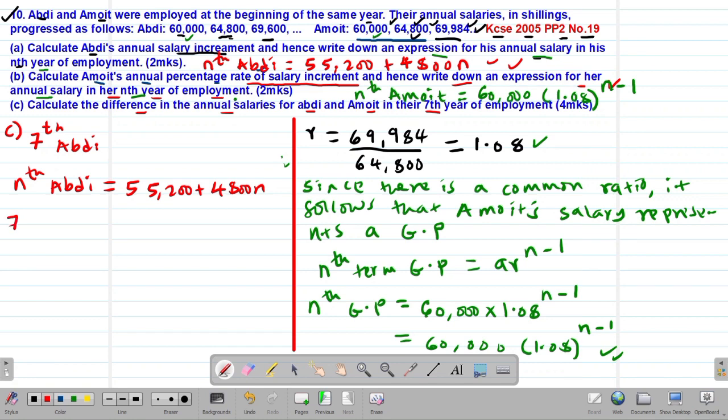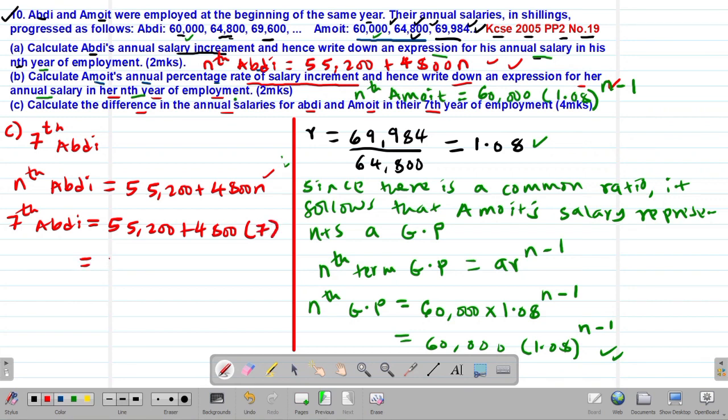Therefore, for us to find the 7th term for Abdi, we substitute where we have n with 7. So this will be 55,200 plus 4800 into bracket n, and our n in this case is 7.